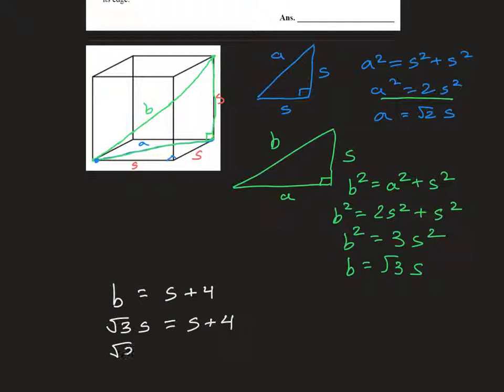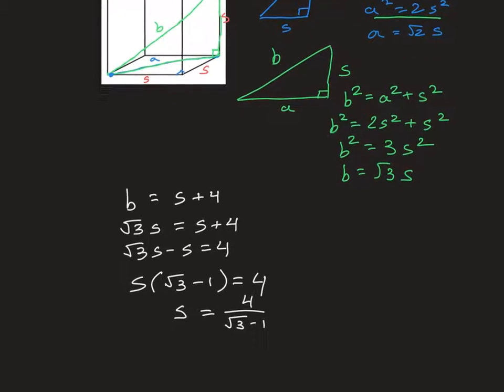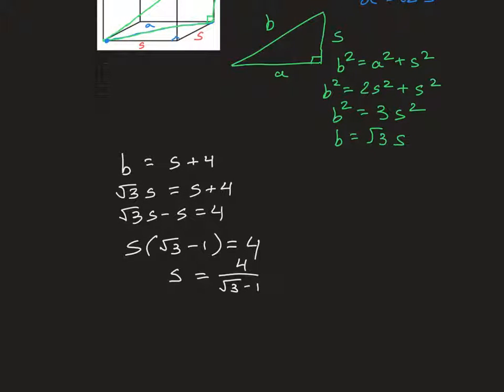And root 3 s minus s equals 4. And now we can factor out s. And now we have a numerical value for s. But that's not a very good value to work with right now, so we can rationalize the denominator.